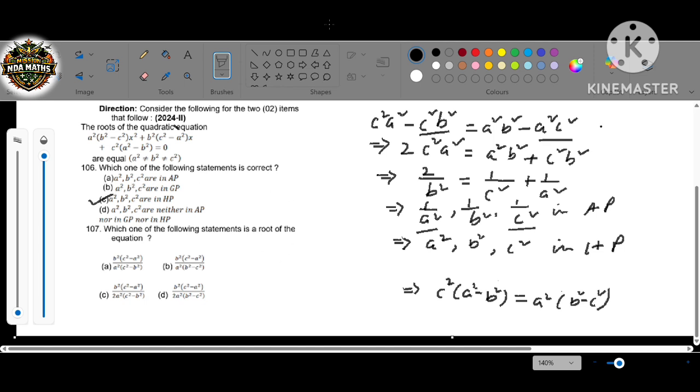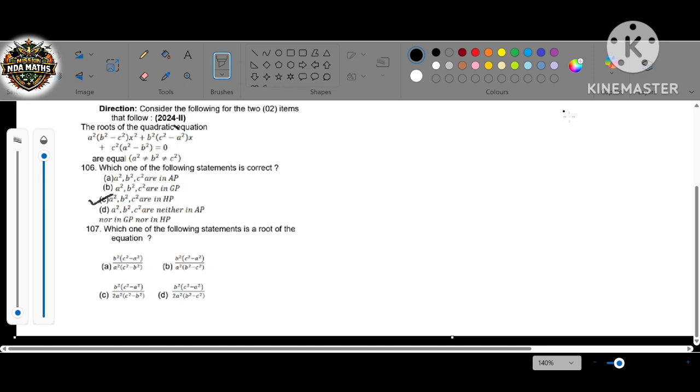Next, the second part. Which one of the following is a root of the equation? We know the root of the equation formula is minus b plus minus square root of b square minus 4ac, by twice a. Now in the question it is said that the roots are equal. So if the roots are equal, then we know b square minus 4ac is 0.